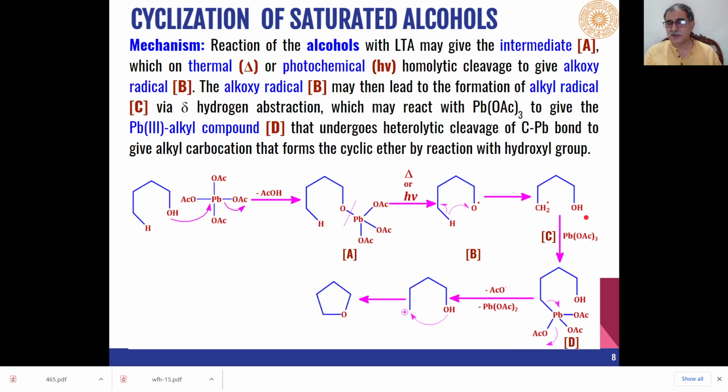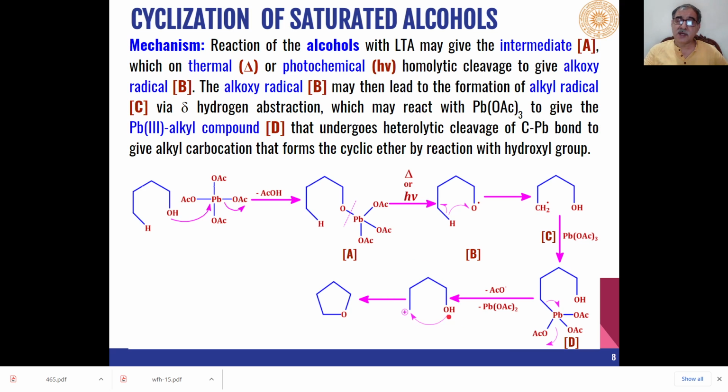and the alkoxy free radical will be converted into an alkyl free radical, and this alkyl free radical will then interact with the lead triacetate radical formed in this step, and we will get this type of lead alkyl compound formed during the reaction. And then this will undergo removal of lead diacetate and acetate ion from here with the formation of this type of carbocation.